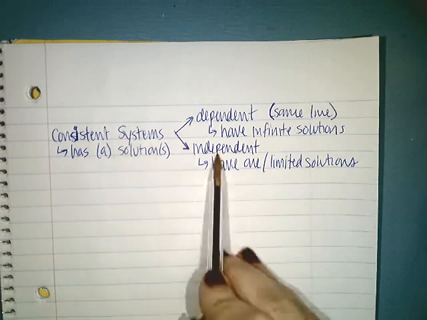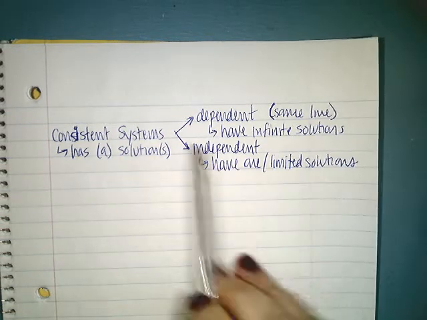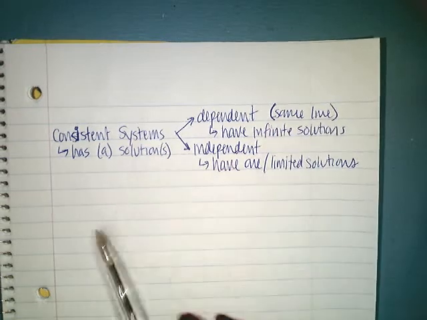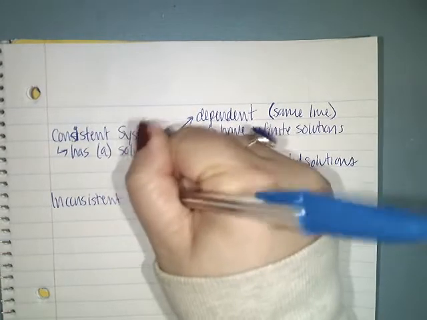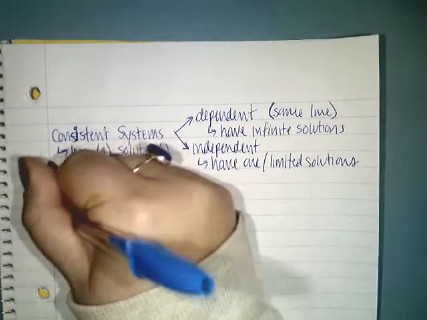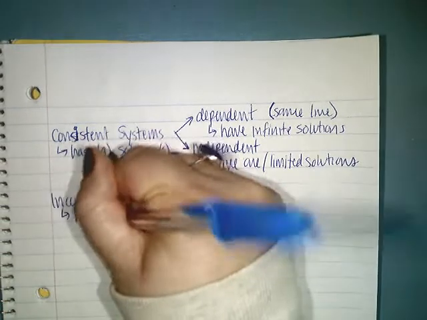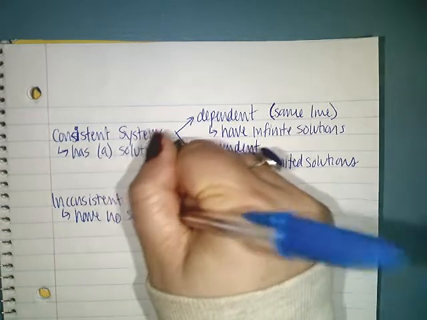So consistent independent systems have one solution, whereas consistent dependent are just the same line, they have infinite solutions. And this is compared to inconsistent systems, which have no solutions.